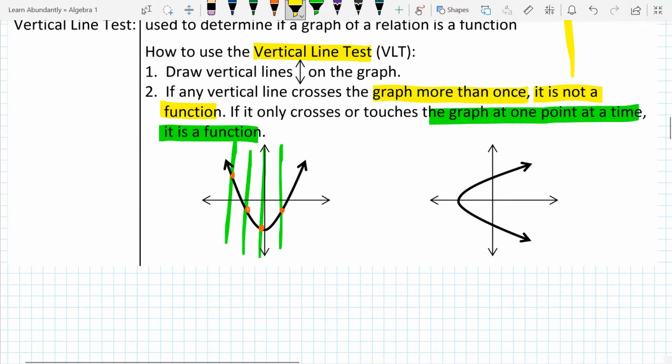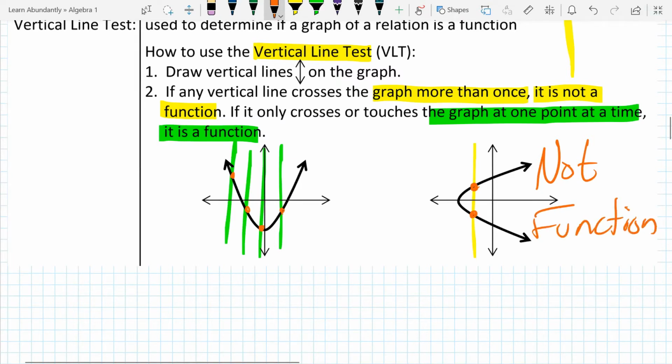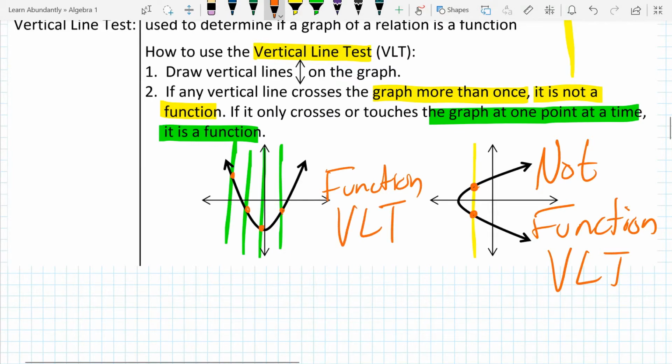The difference is over here, when I draw a vertical line, I hit the graph, that curve, in 2 places, which means this is not a function because it fails the vertical line test. This one is a function because it passes the vertical line test. Okay?